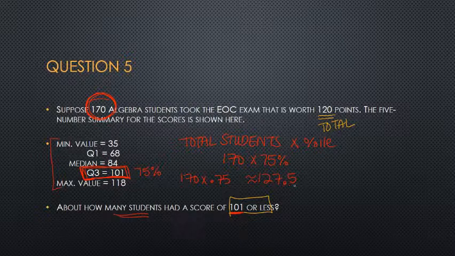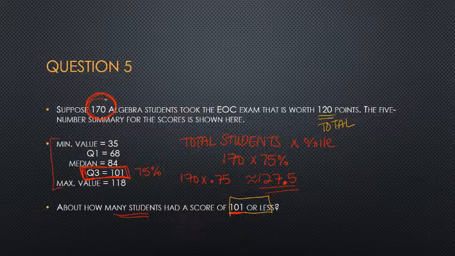You're not going to get a decimal in your multiple choice answers. I just went and checked. On the quiz, you'll get a whole number, but for this example we got a decimal. You can't have part of a student anyways, so we probably would just say 127. But when you're actually doing question number 5 on the quiz, you will not get a decimal when you get your final answer.